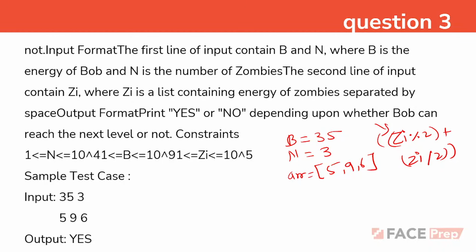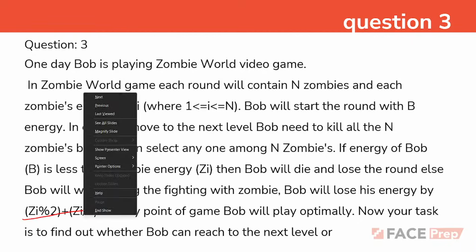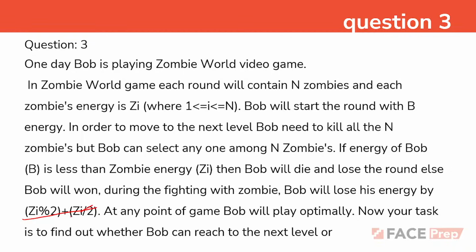They also mention some constraints. If the energy of Bob is lesser than the zombie energy, Bob will die and lose the round; else Bob will win the fight with the zombie, and he will lose this much energy.